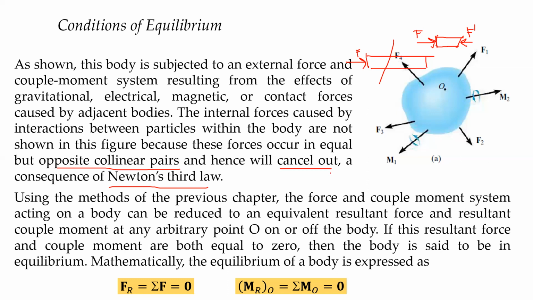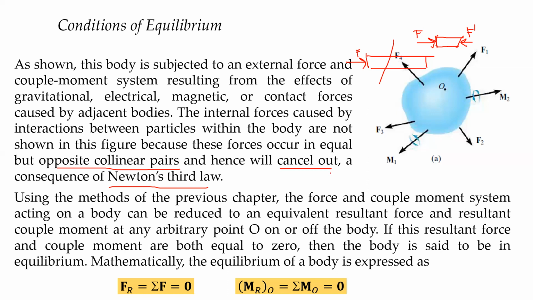So basically, equilibrium of a rigid body is just the same as our equilibrium of a particle. The main difference is that for a rigid body, this time we will be considering forces that are non-concurrent.